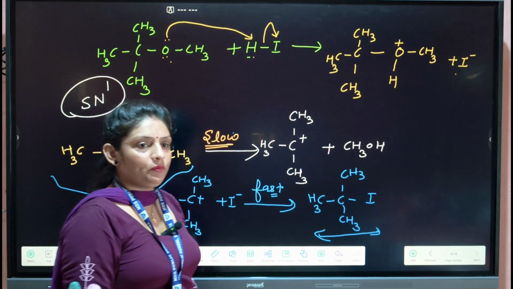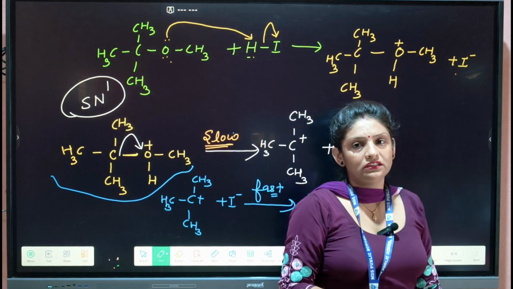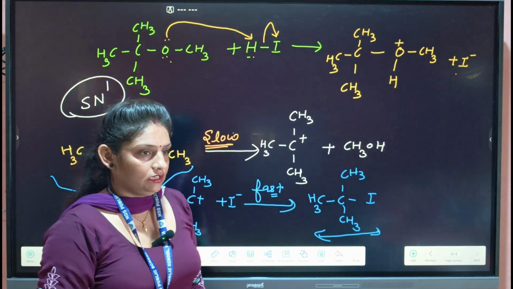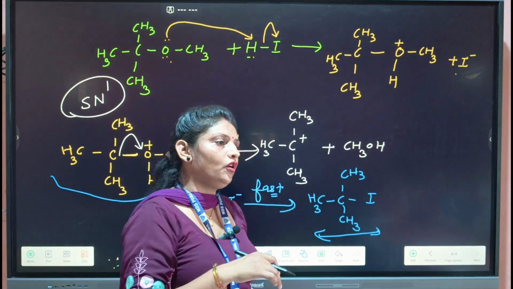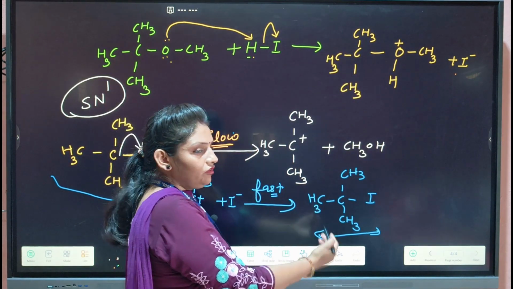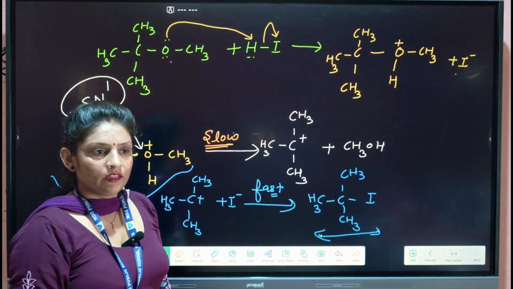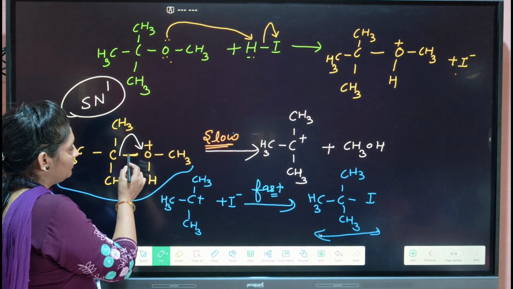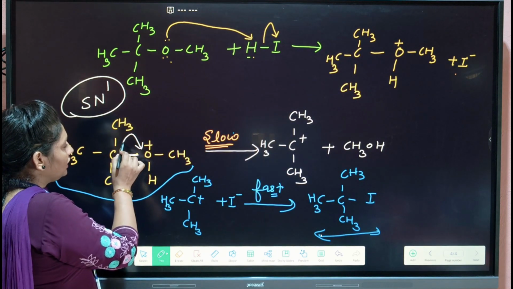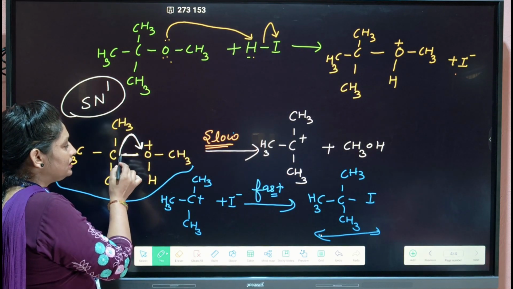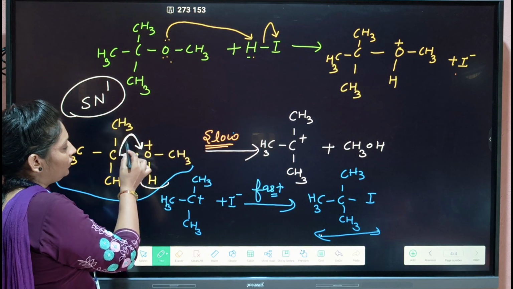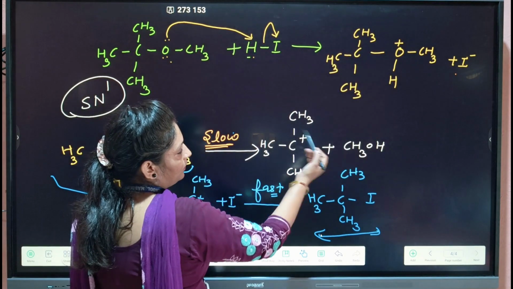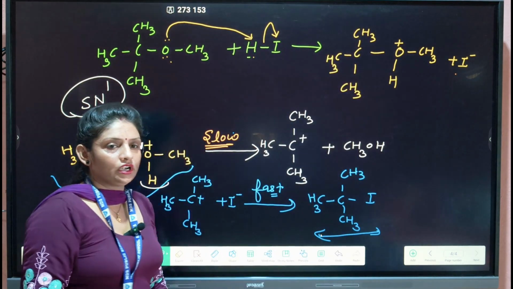If we want to prepare primary halide and secondary halide, then we will follow the SN2 mechanism. But if we want to form tertiary halide, then we will follow the SN1 mechanism. Why? Because tertiary carbocation is more stable, so easily it can give electron to this one, and removal of alcohol and formation of carbocation take place.